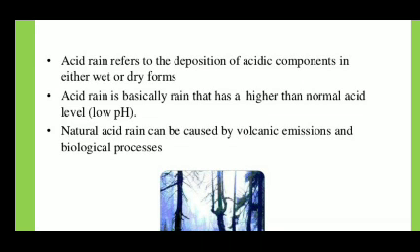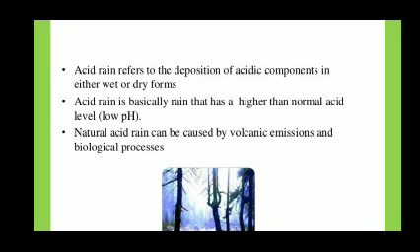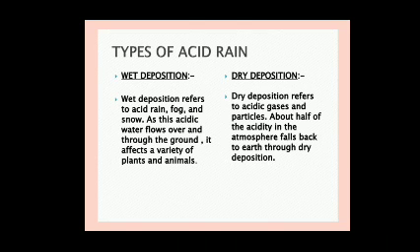Acid rain is basically rain that has a higher than normal acid level, with pH value less than 5.6. Natural acid rain can be caused by volcanic emissions and biological processes.